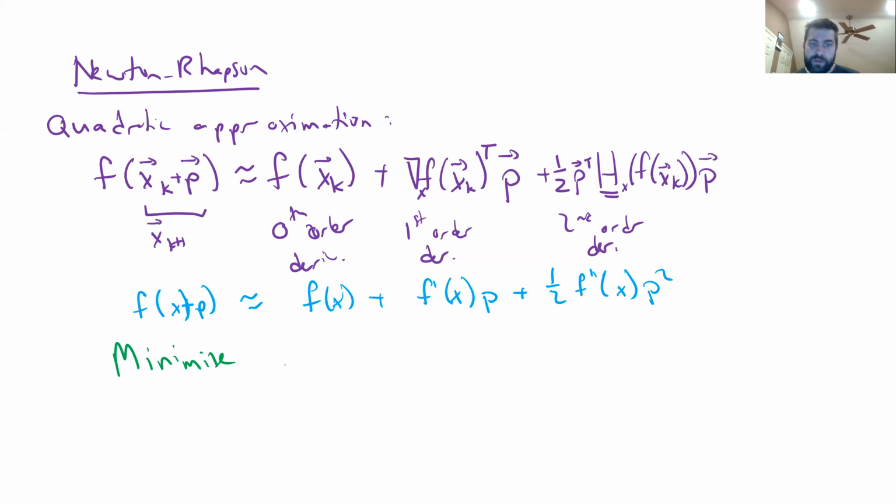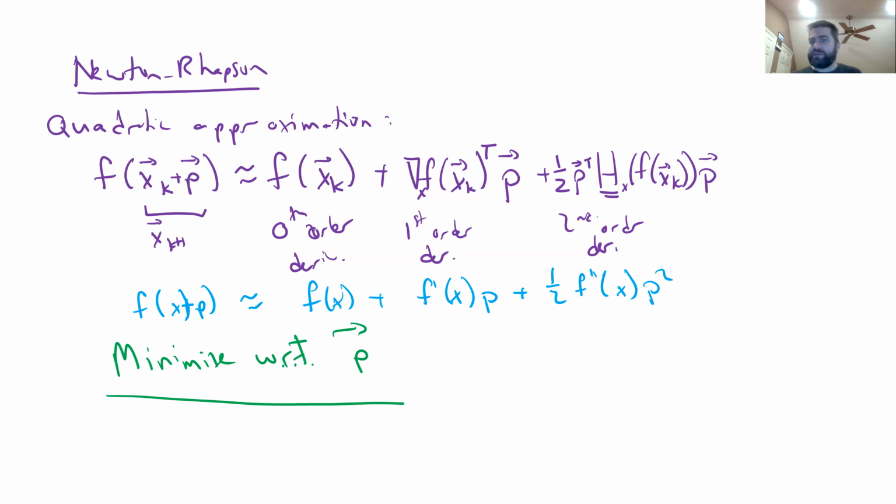And what do we want to minimize this with respect to? We want to minimize this with respect to p. Why would we do that? Well, given this approximation, what is the p that will give us the smallest possible f? This is exactly what we're trying to do. We're trying to find the smallest possible value of the function.